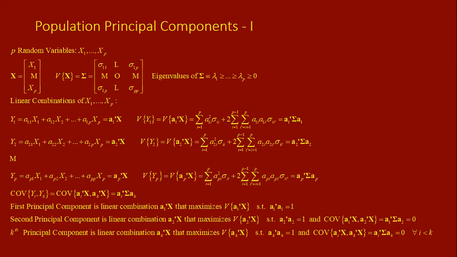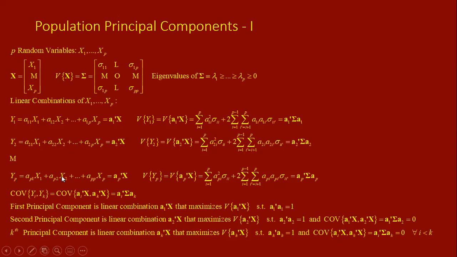So what I'm trying to tell you is, if I have p number of variables, then I'm also going to have p new variables. Each of these variables is a linear combination of the whole set of variables.